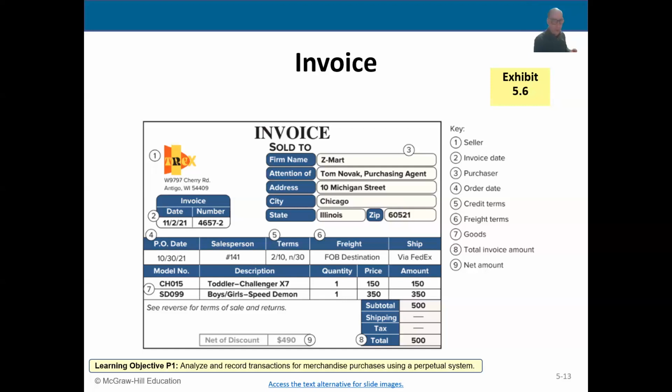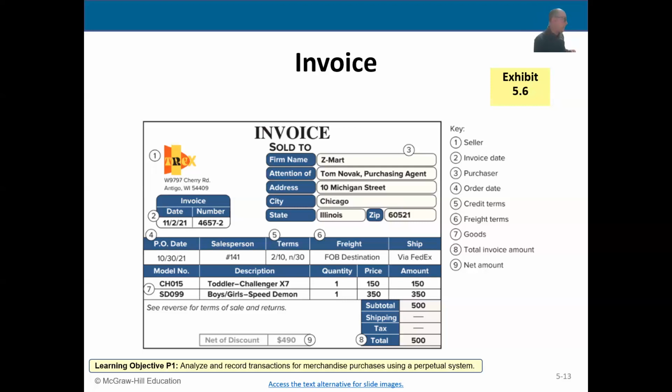Here we have FOB destination. FOB means free on board. Free on board simply represents the transportation. Yeah? It's on a truck. It's on board.